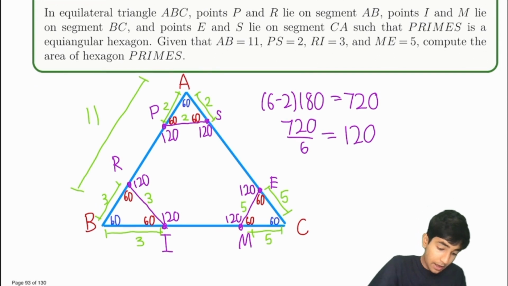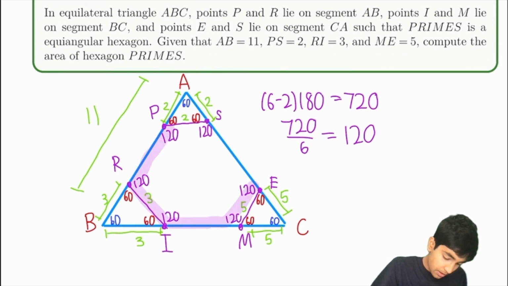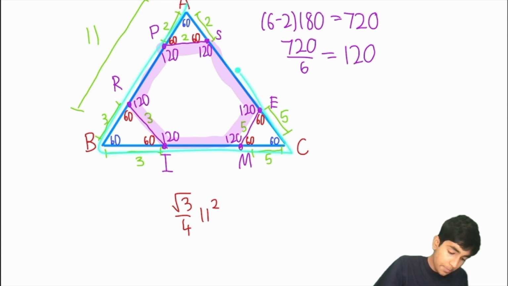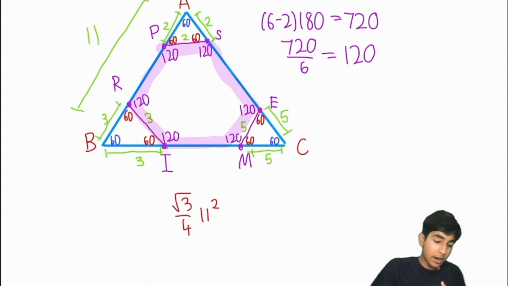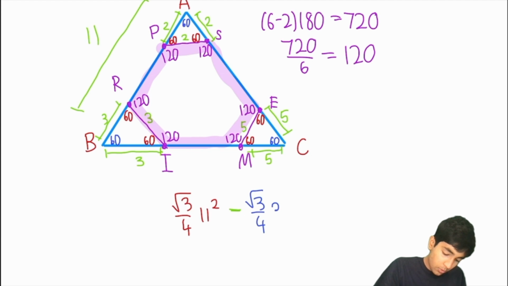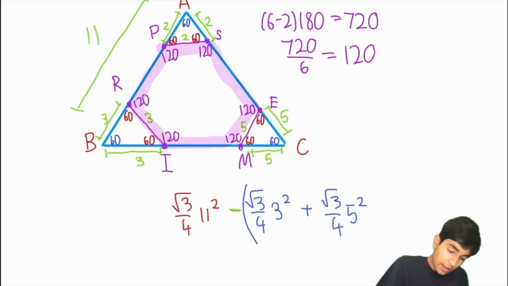So the area of the inside region will just be equal to the area of the big equilateral triangle, which has area root 3 over 4 times 11 squared, right? This whole thing, root 3 over 4 times 11 squared, minus the area of this triangle, which has area root 3 over 4 times 3 squared, minus the area of this triangle, which has area root 3 over 4 times 5 squared, and similarly, the area of this triangle, which is root 3 over 4 times 2 squared.